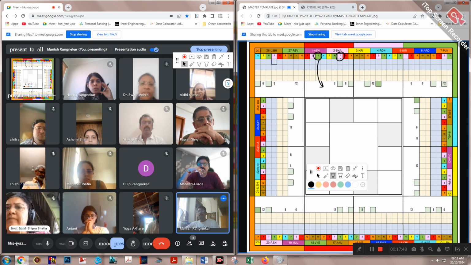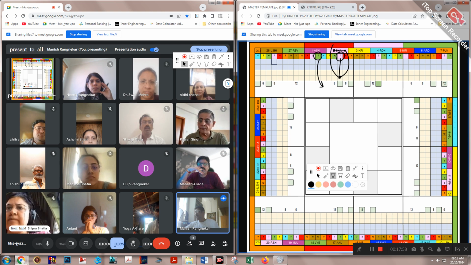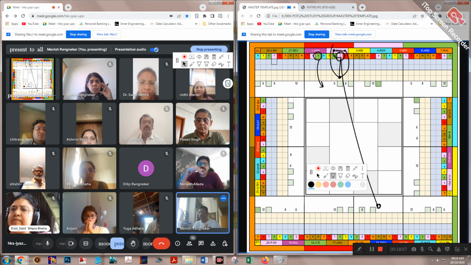So if my planet is here, it is telling me that it is in Aries Rashi, it is in Bharani Nakshatra. Bharani Nakshatra is related to what? Venus. And it is seated in the 7th pada, which reflects to this box or this Rashi whose ruler is Venus.